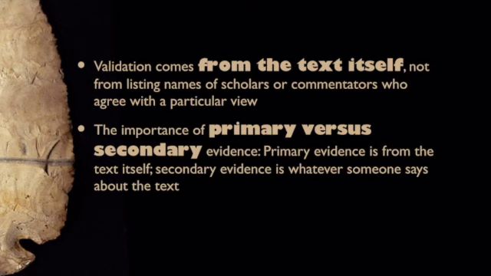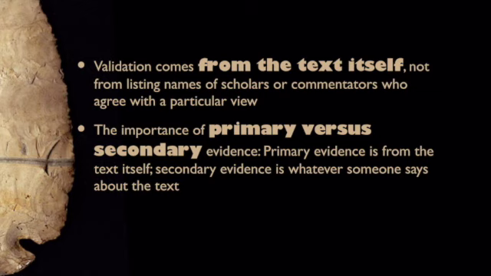We're looking for the reasons why most scholars take a particular view. There might be a particular view that most scholars take, but then when you look at the minority view, you might see that the reasons for the minority view are more compelling. And so when we look for validation, we're looking for observations that come from the text itself, not just scholars and commentators. And we'll talk more about commentators here in a little bit.